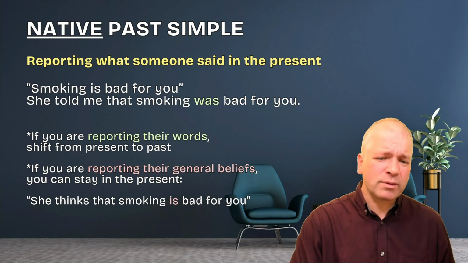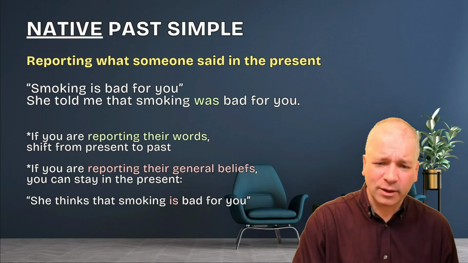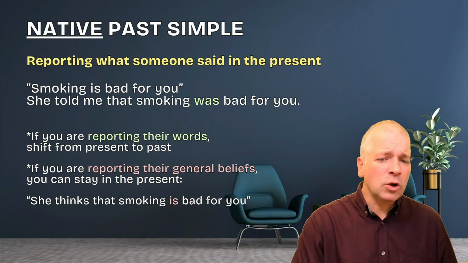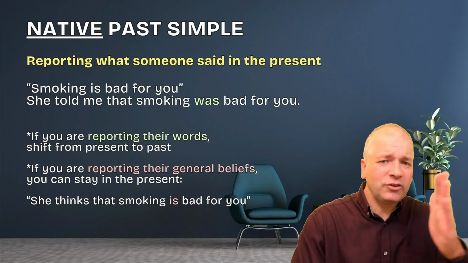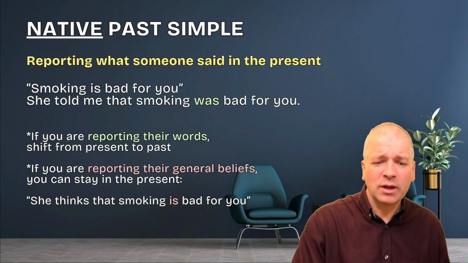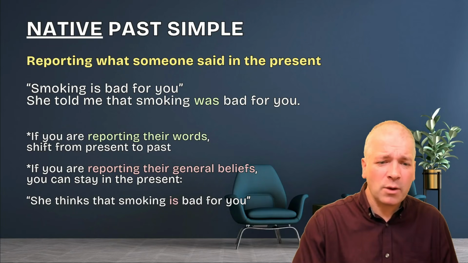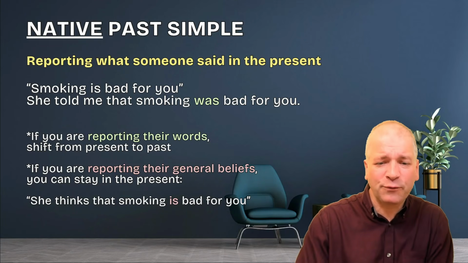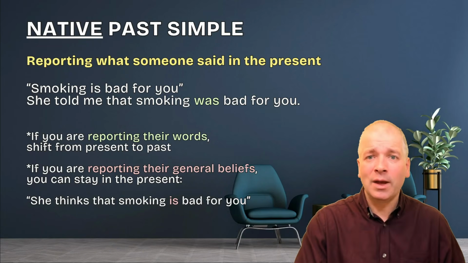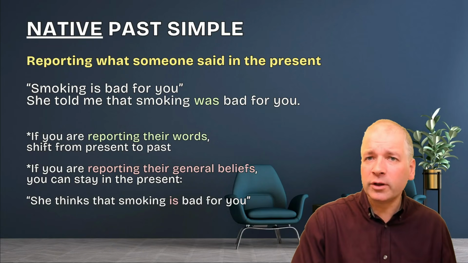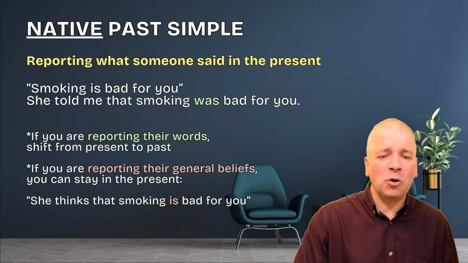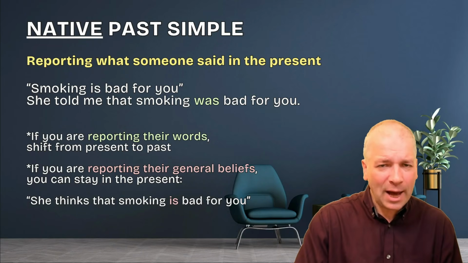When you report what someone said in the present, now we've already looked at the fact that you shift time backwards when you report. So we would normally shift back to the past simple. So if someone said smoking is bad for you in the present, and then you want to report it, you'd say it like this. She told me that smoking was bad for you.